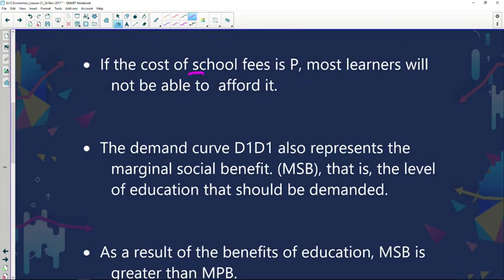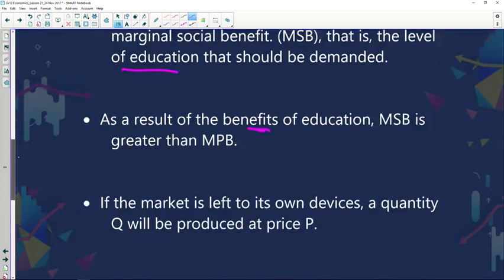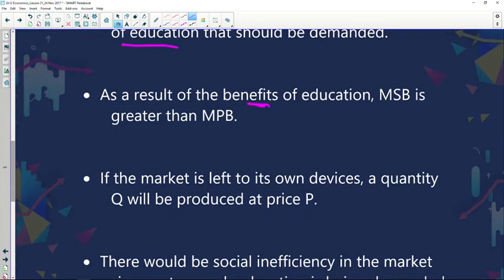So we can see that the demand curve D1 also represents the marginal social benefit, which is MSB, and that is the level of education that should be demanded. As a result, the benefits of education, which is MSB, are greater than the marginal private benefit.